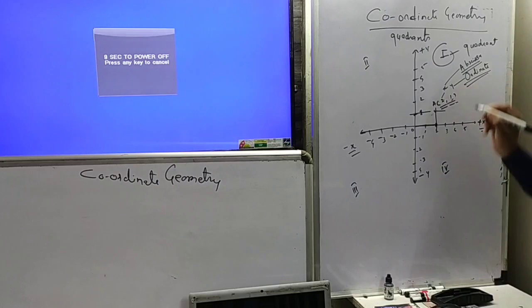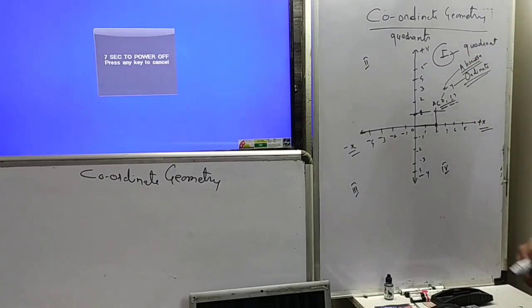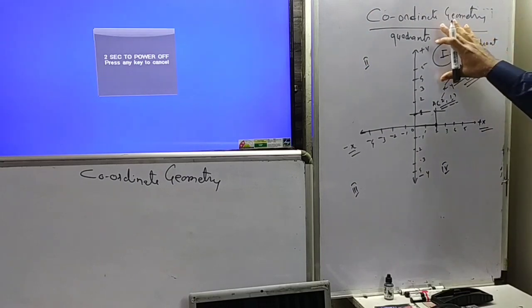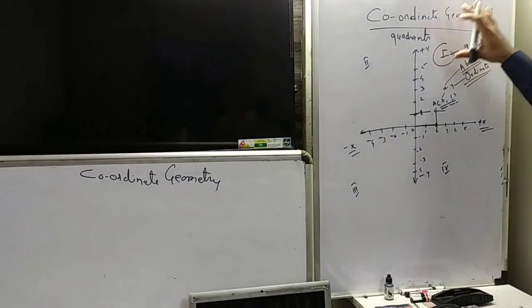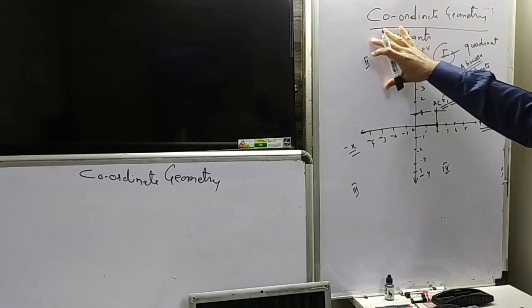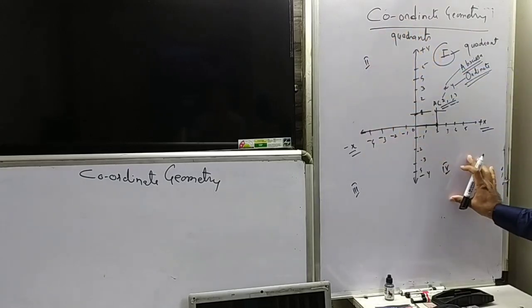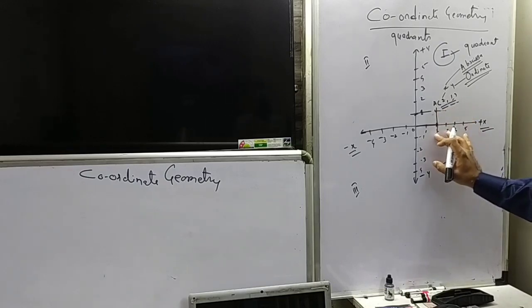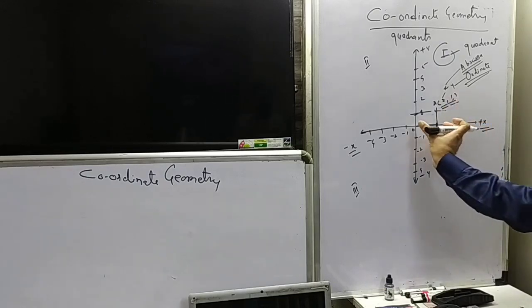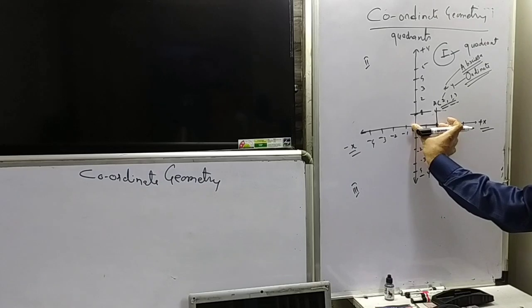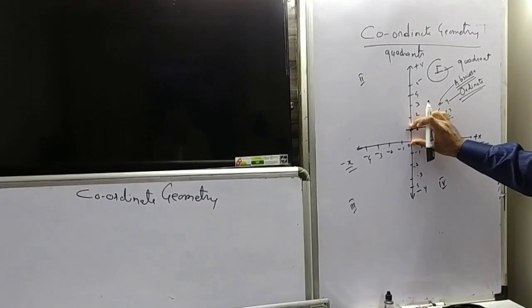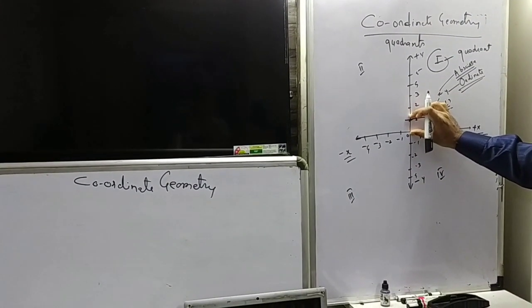Again I am repeating what we have seen. This plane is divided into four parts, and each part is called a quadrant: first, second, third and fourth quadrant. Suppose this point A is there, then its coordinates are (2, 1). To locate A, we move two places to the right on the x-axis and one place upward on the y-axis.